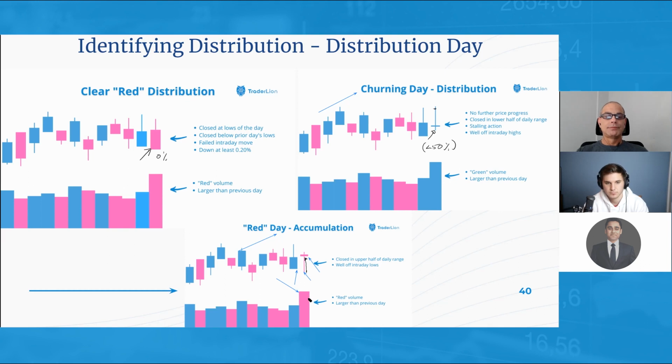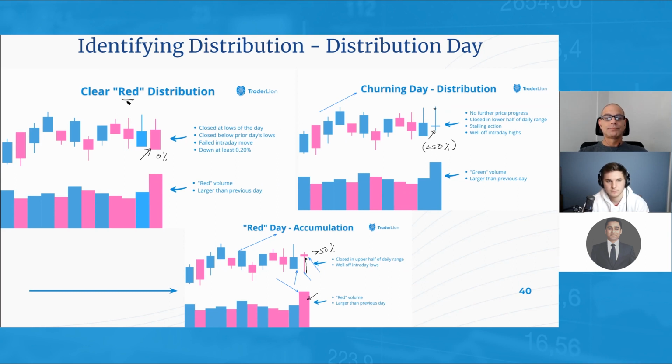Though the bar looks red or pink on your chart, the market rallied up and finished higher up in the range, which in this case was greater than 50%, which is why we keep emphasizing that the close is important, and it determines what type of day it was.